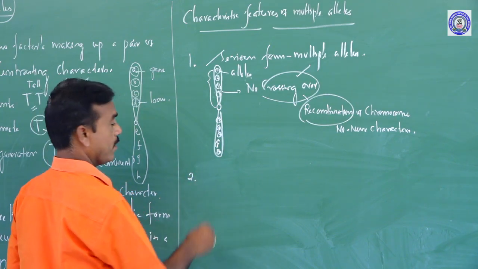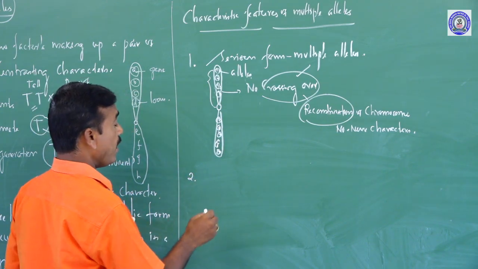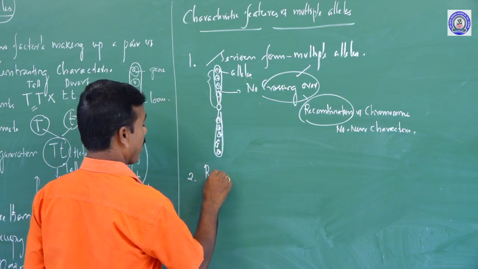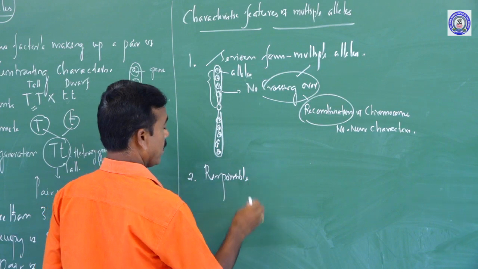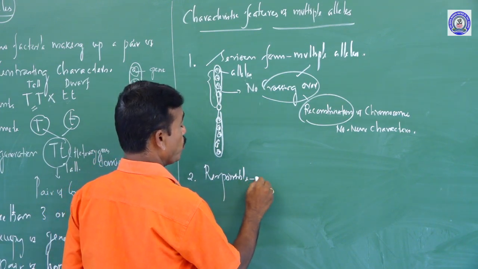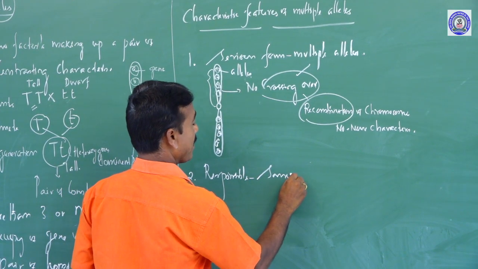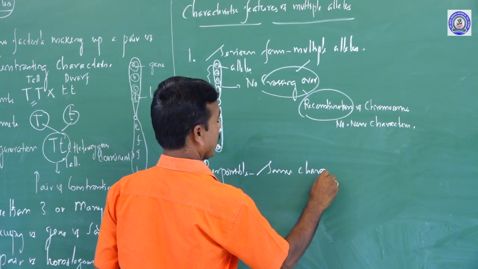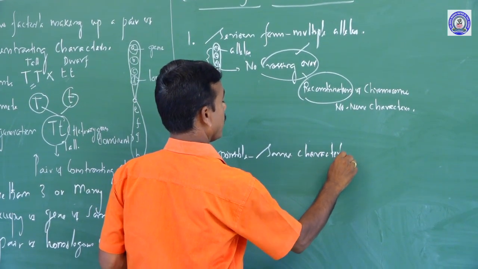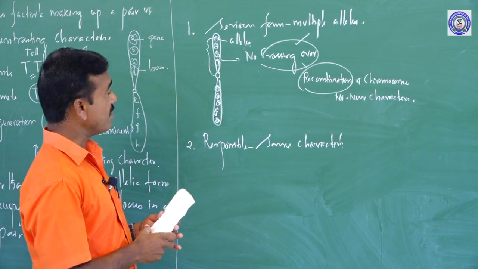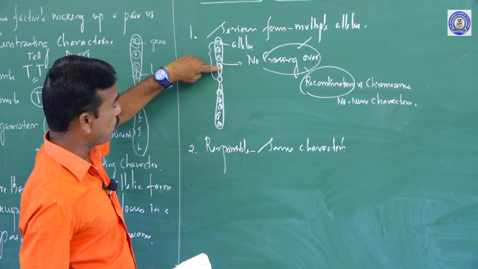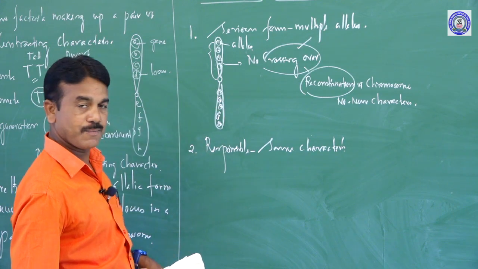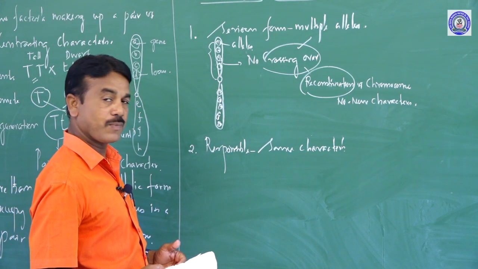The second one: multiple alleles are responsible for producing the same characters. Because this indicates the series 1, 2, 3, 4, 5, 6, 7, 8, that is a series of alleles.